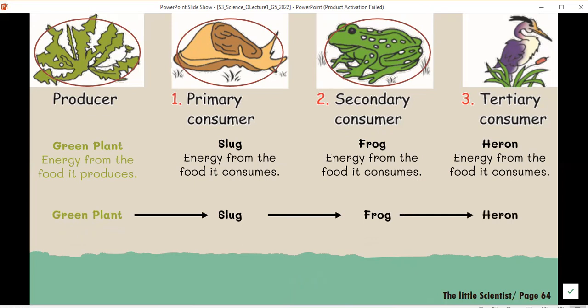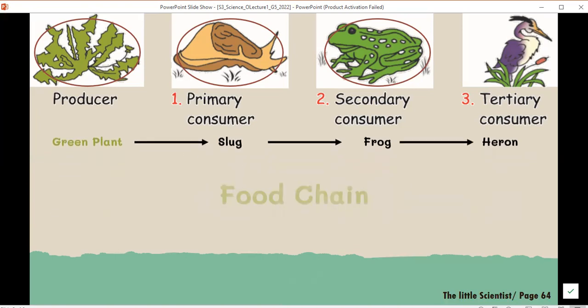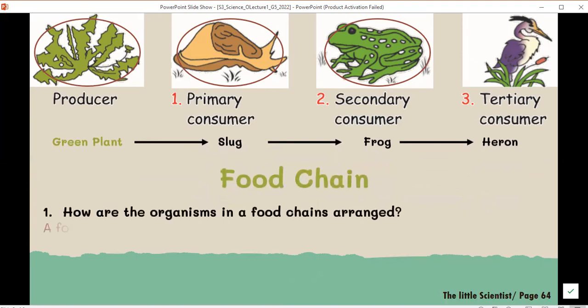This line shows how energy is transferred from one organism to another organism. Energy moves from the green plant to the slug, to the frog, to the heron. And each organism depends on the other for food. So this is a food chain, and organisms in a food chain are arranged according to the order of food.